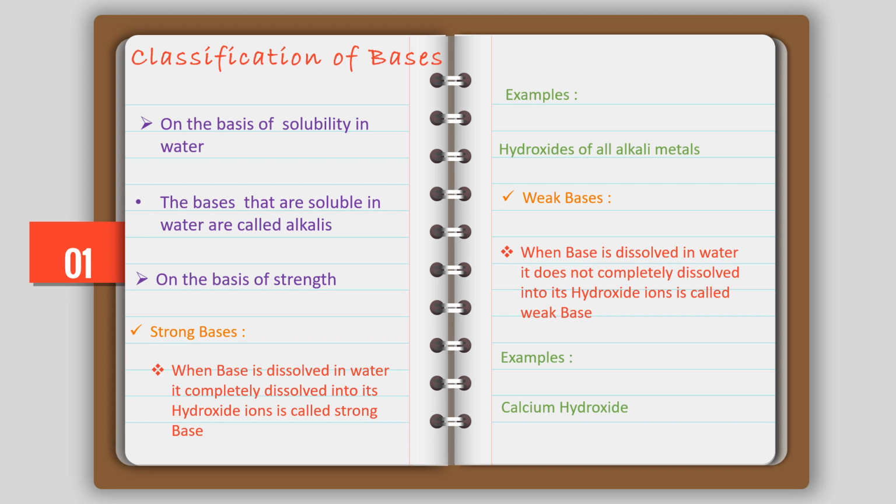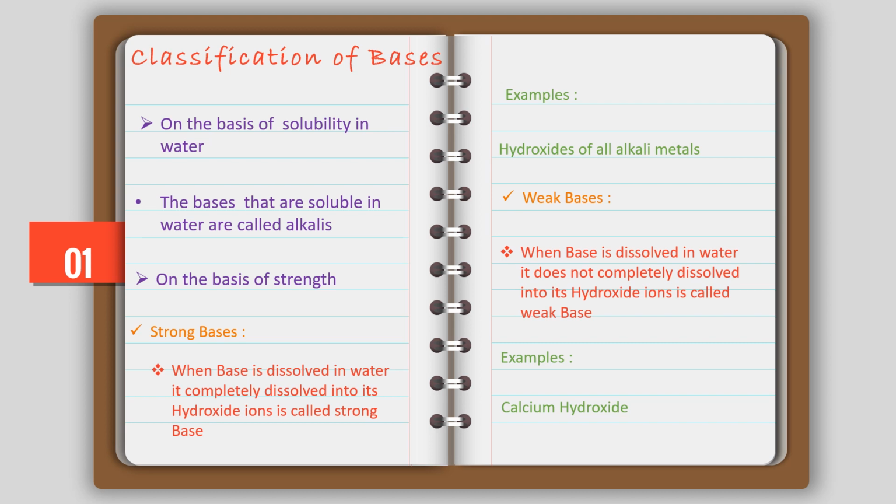Such soluble bases are called alkali, for example NaOH, KOH, etc. Now on the basis of strength: when they are dissolved in water and completely split into OH- ions, they are called strong bases. Example, hydroxides of all alkali metals, as I said, NaOH, KOH, etc.